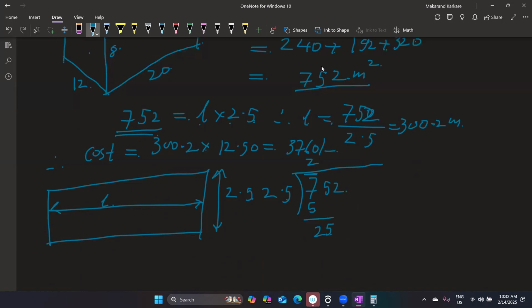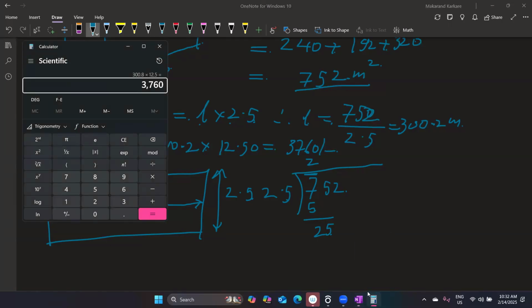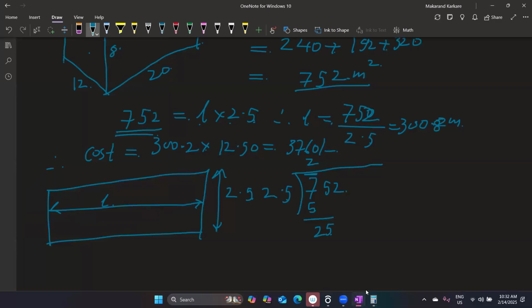Next, wait a minute. So 752 divided by 2.5 gives me 300.8. Sorry, not 2. My bad. 300.8. And 300.8 into 12.5.